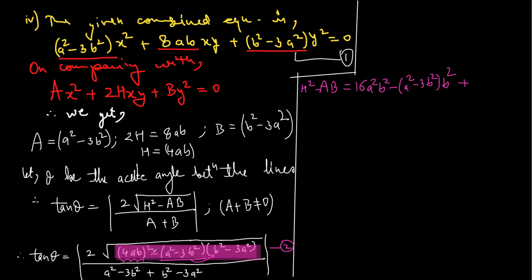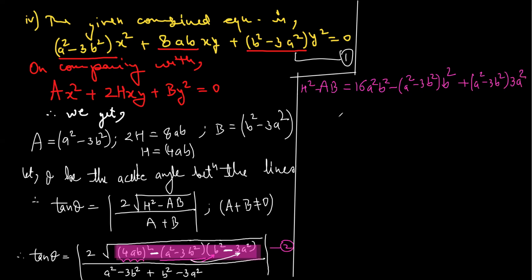Because you have a negative sign here and you are multiplying inside also with this, which is minus 3a square. So minus and minus is plus. So plus you have a square minus 3b square into 3a square.